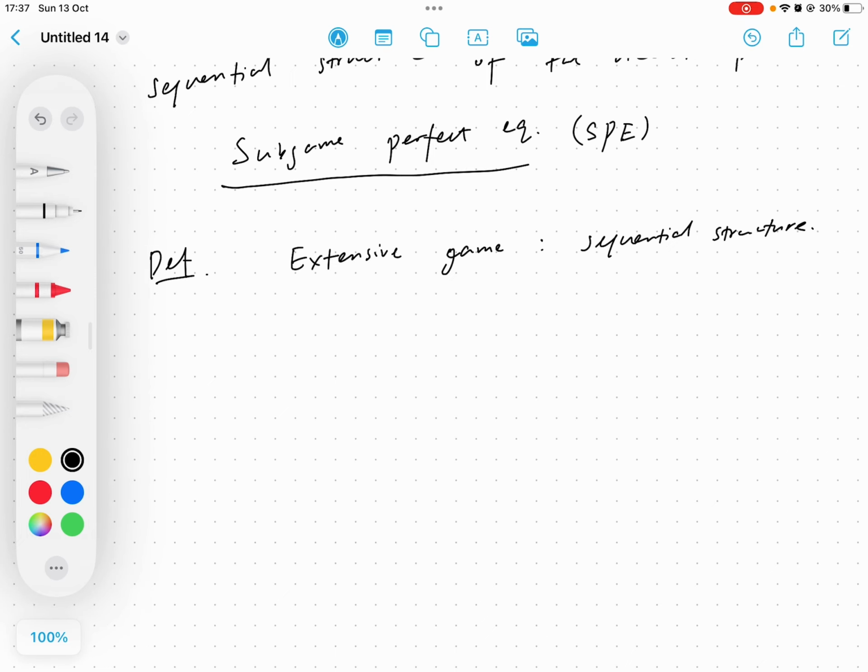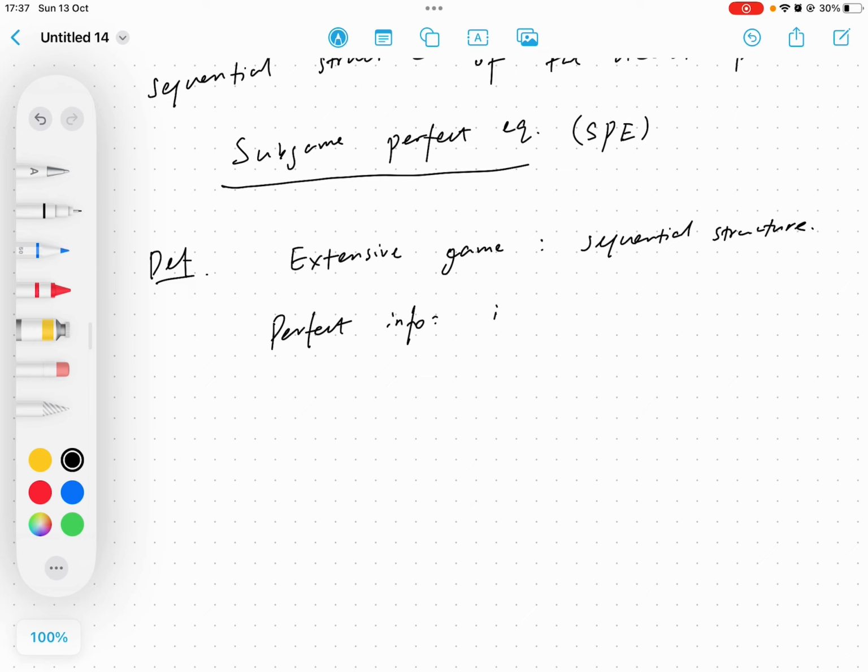So perfect information refers to the following: in some game, each player, when making some decision, is perfectly informed of all the events that have previously occurred.